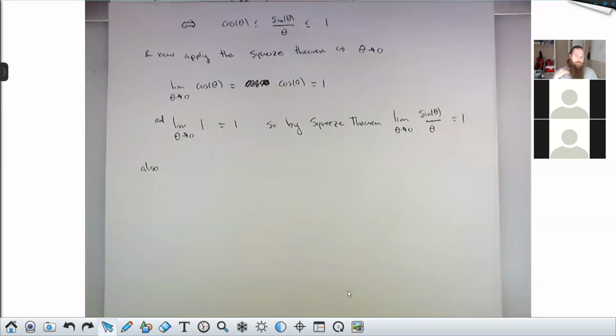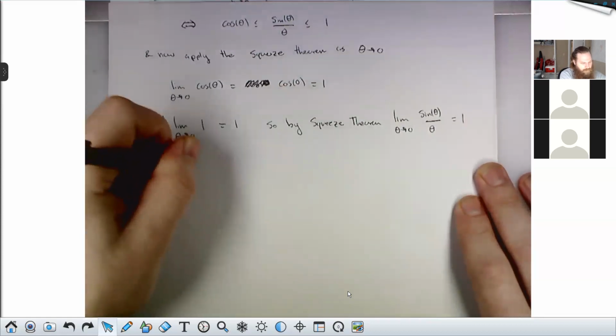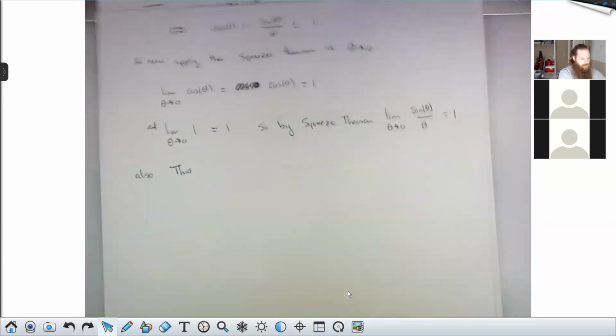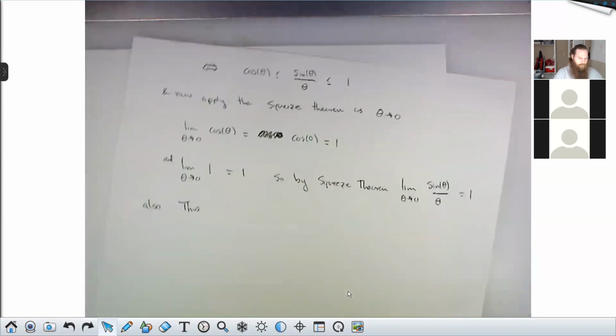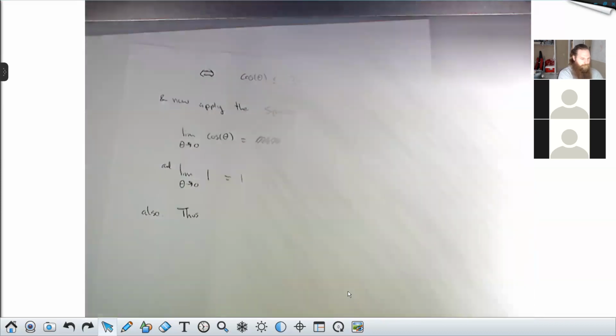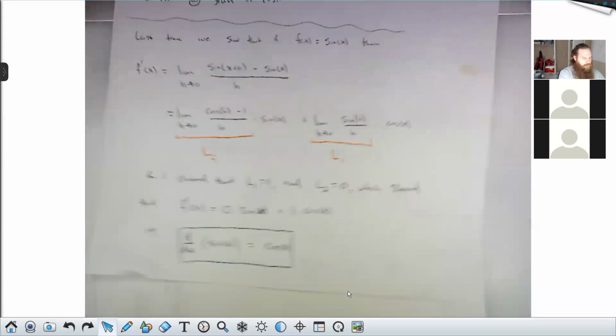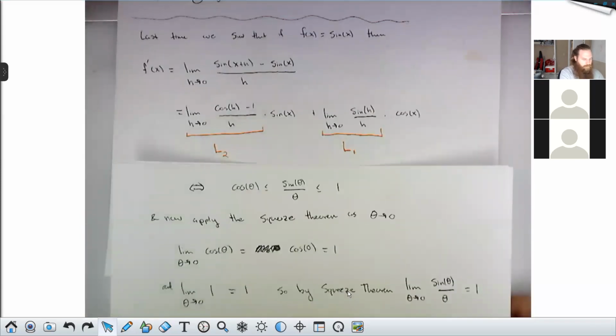And that's the game. So that limit, I called it L2 and L1. L1, this limit that we're looking at back here, really is 1.